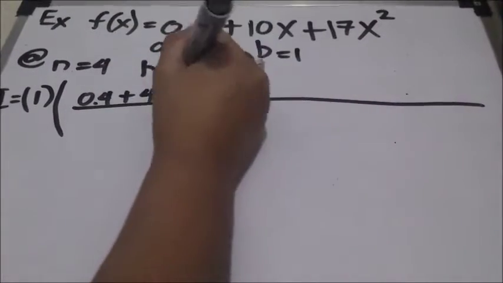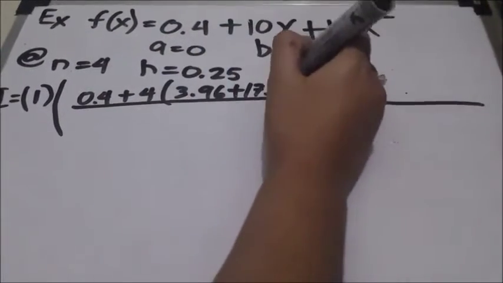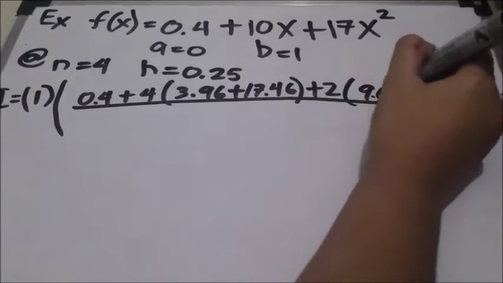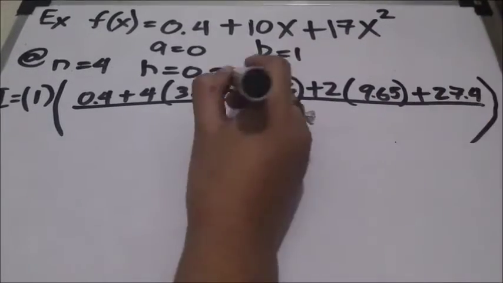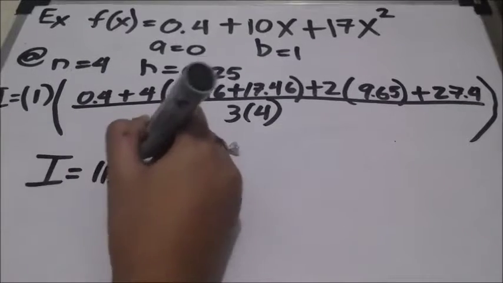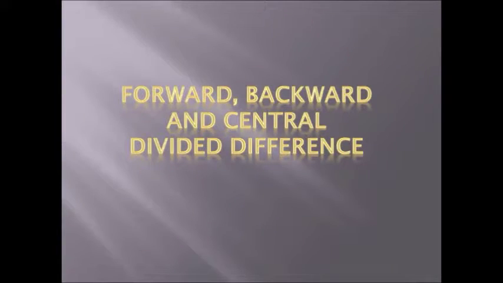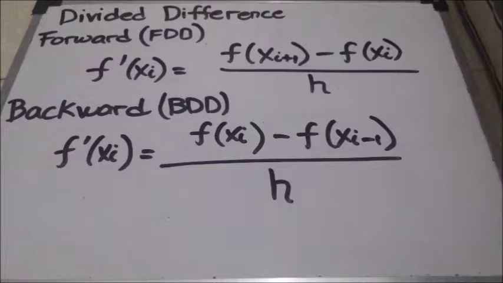Now let's solve the function of x. Our formula for the forward divided difference will be f(x sub i) equals f(x sub i plus 1) minus f(x sub i) all over h, or the step size.